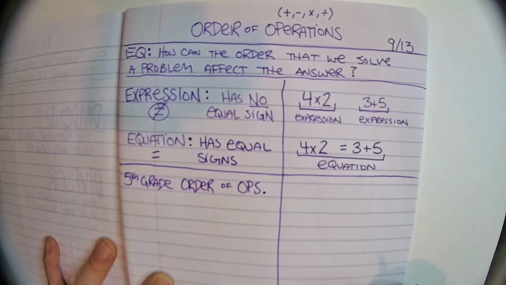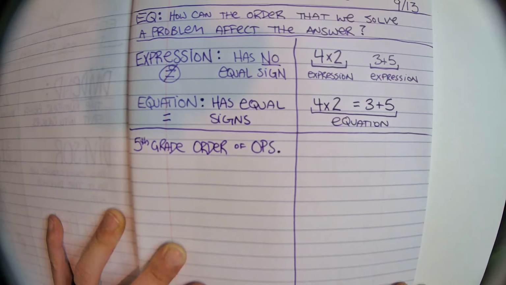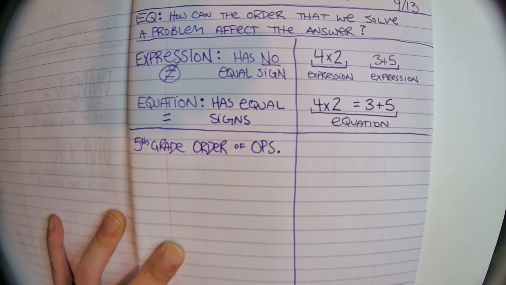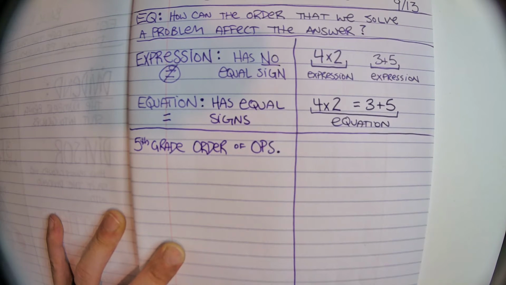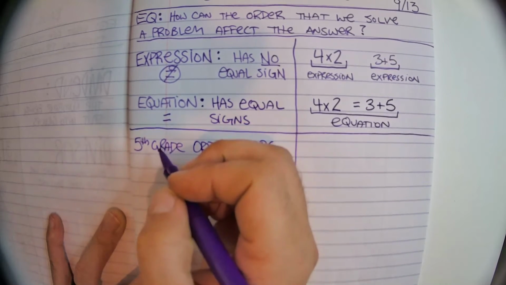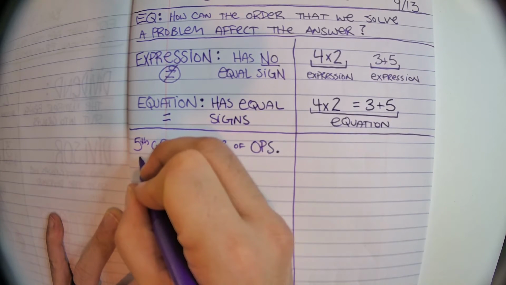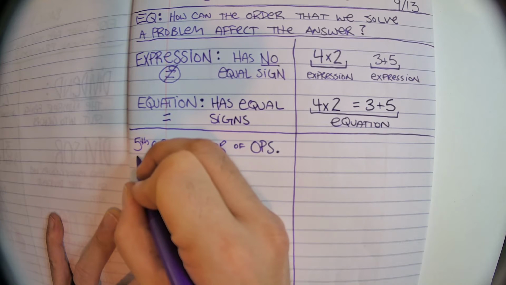I'm going to abbreviate operations with ops, fifth grade order of ops. The reason why this is for fifth grade is because you are not going to see exponents this year. So hooray, but also you don't need an extra part. I'll show it to you in a second.